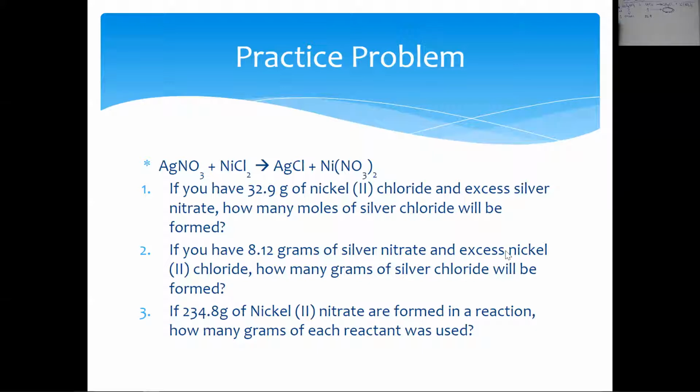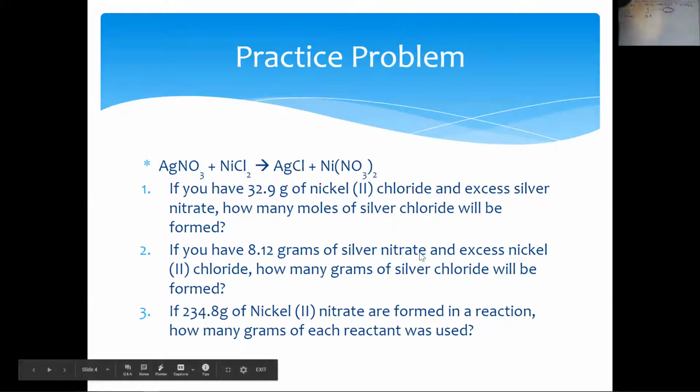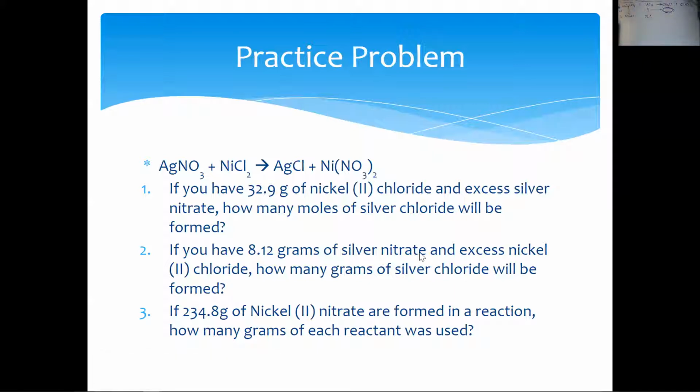Add up really quick. One second. There it is.